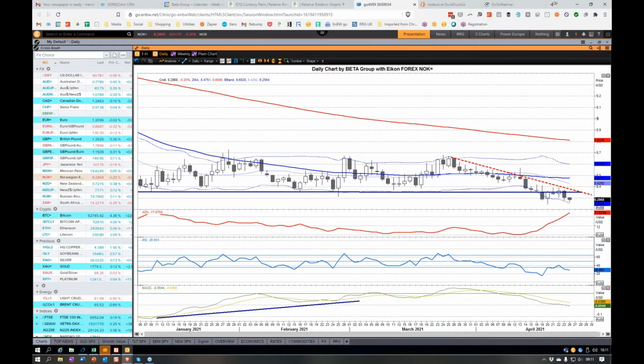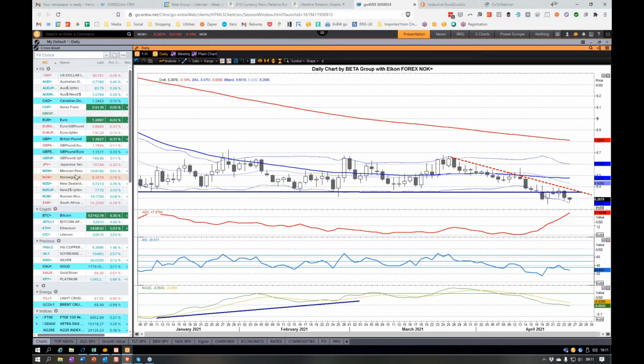The RSI has turned down again from what I think was a false buy signal here, so showing again weakness, and the MACD is also negative. And so this is my favorite single thing to exploit the weakness of the dollar if you buy into that.